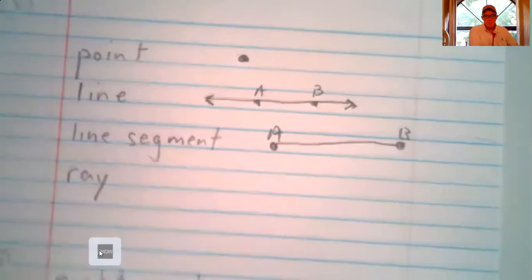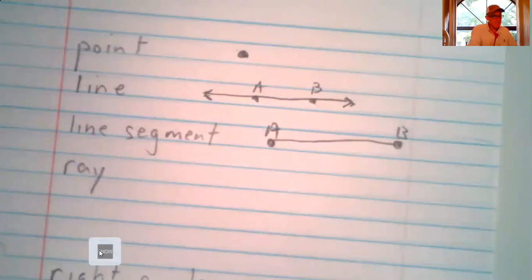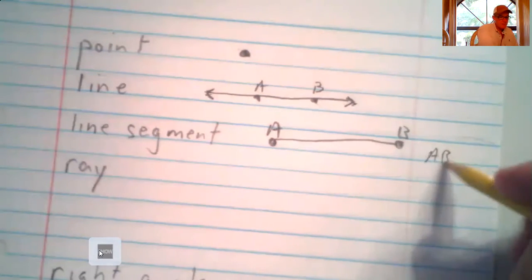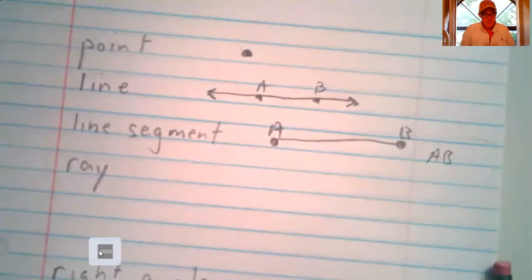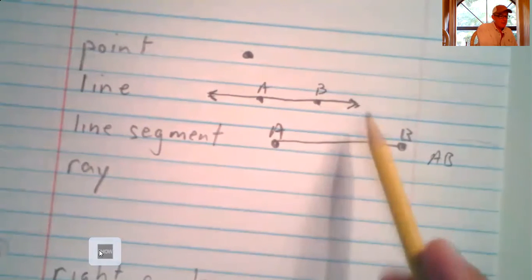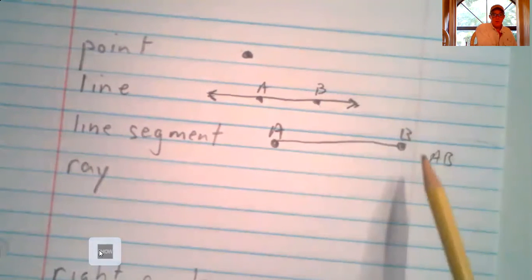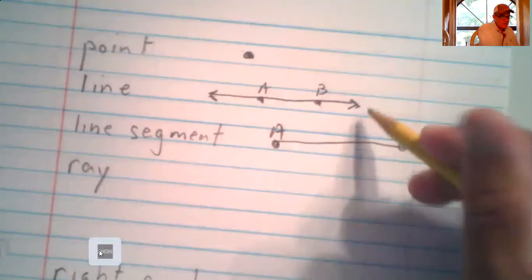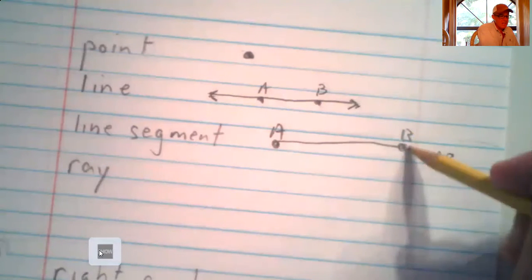So this line segment right here is line segment AB. It has a start and a stop point, has two endpoints, where a line has the arrows right here. You see there are no arrows down here, so a line does not have a start and a stop point. A line segment does.